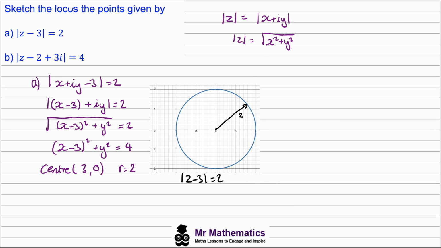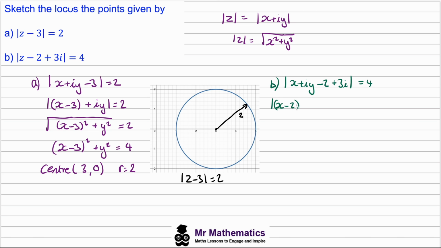So if we look at question B, again, we'll replace this z with x plus iy. So we'll have the magnitude of x plus iy minus 2 plus 3i. And this has a magnitude of 4. So again, if we collect the real parts, we'll have a magnitude of x minus 2.